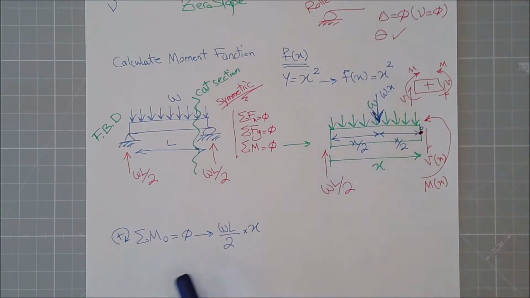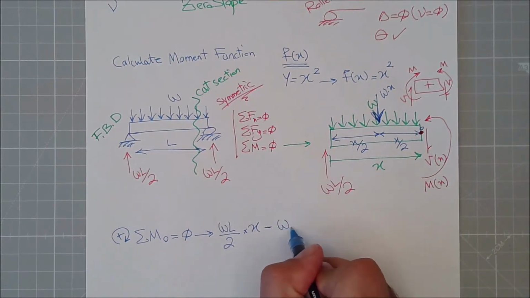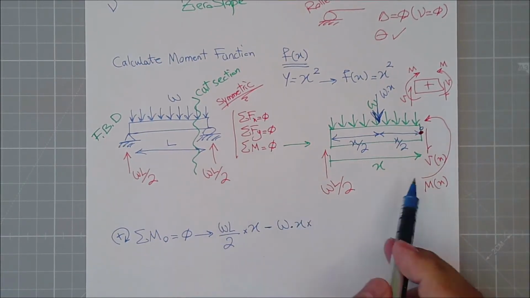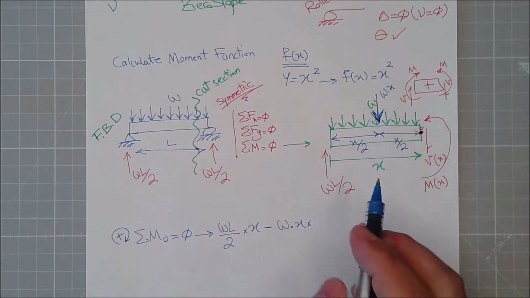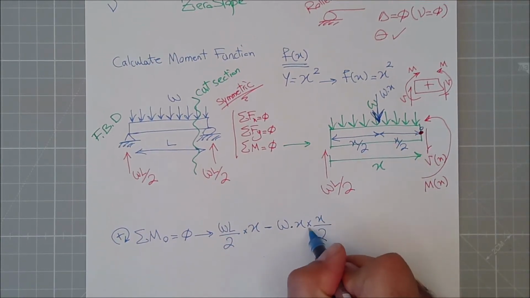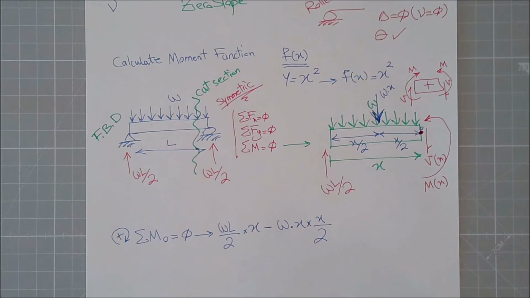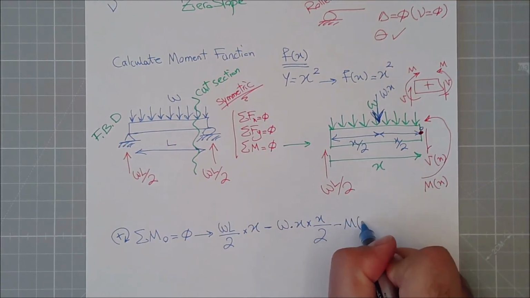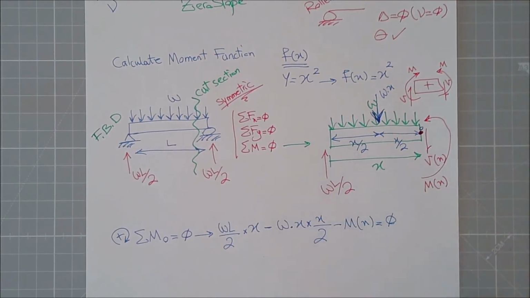It is anti-clockwise while my direction is clockwise. So it will be negative Wx times the distance to that point, which is X divided by 2. And then I have a moment here, which will again be negative, so negative Mx equals 0.